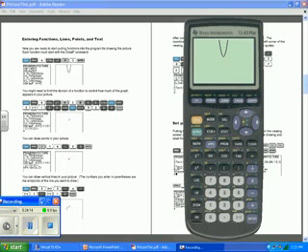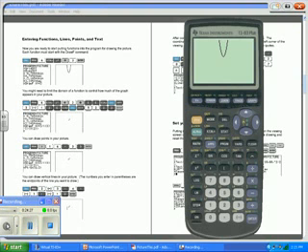After making sure that you can get that up there, now let's go back and edit that function. Maybe you only want a piece of that function to show up. Maybe the only part you want is from -1 to this 2 value.